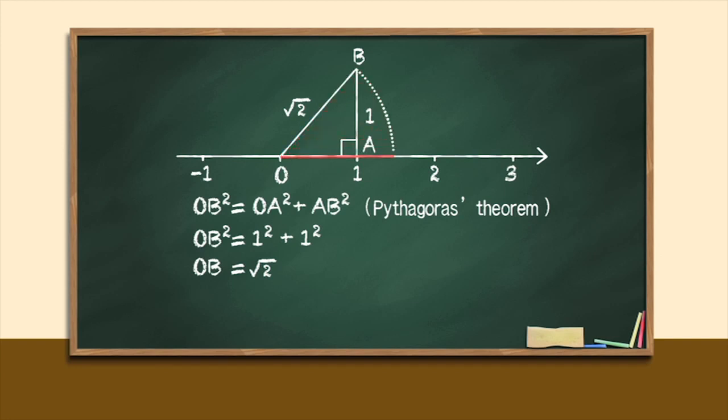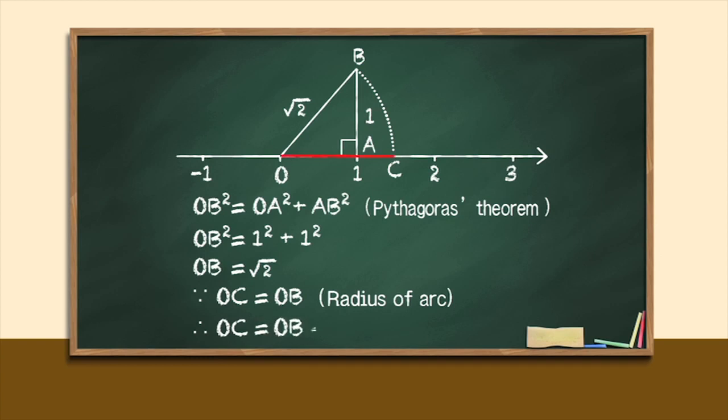Use a compass to draw an arc which meets the number line at C. As OC and OB are radii of the arc, OC equals OB. Hence, OC equals the square root of 2. By this method, we can exactly mark the square root of 2 on the number line.